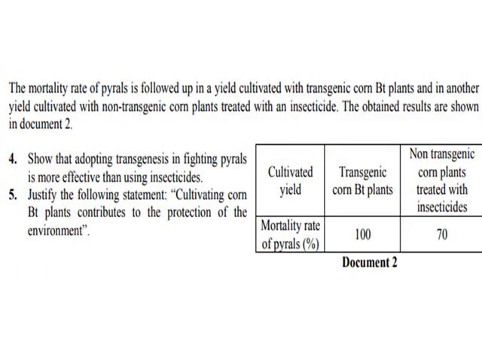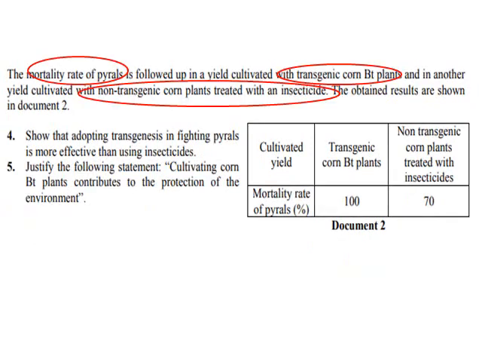Now, the second part of this exercise is the following, so please read the question. Okay, so we are checking the mortality rate of the pyrale larva, and we're checking this mortality rate in two types of corn plants: a transgenic corn plant and another non-transgenic corn plant that was treated with an insecticide.